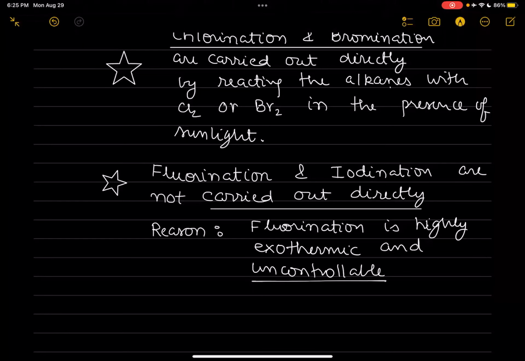Means once it starts, you can't control it. It will go out of control.